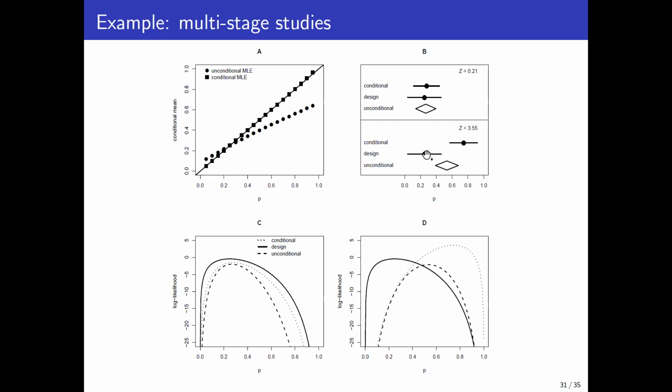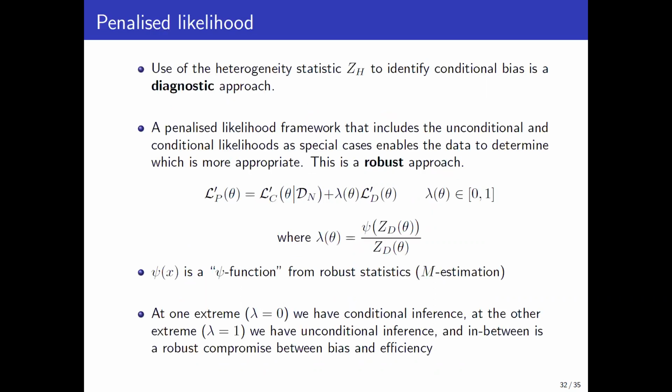And so in this situation, you would probably draw into question the unconditional estimate and consider using the conditional estimate that essentially conditions on the design, because that is the situation where, in the context of an extreme design, the conditional approach gives you more unbiased estimation.